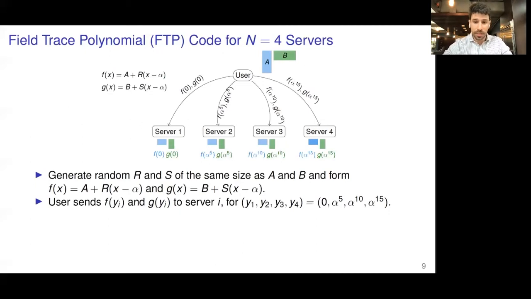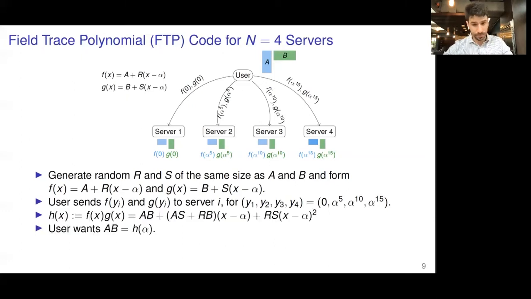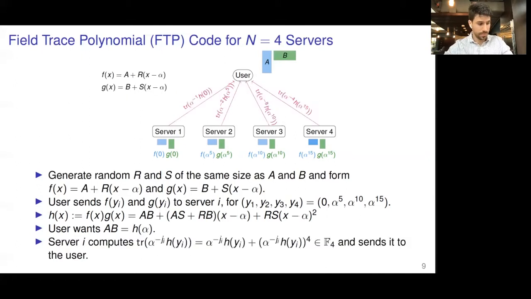Now, with the shift in the polynomials F and G by alpha, where alpha is a primitive element in the extended field F16, the user is interested in the evaluation of the polynomial H at alpha. The servers are now able to compute the product, and instead of sending back the evaluations, like the product by itself, they are going to send the field trace of the result.